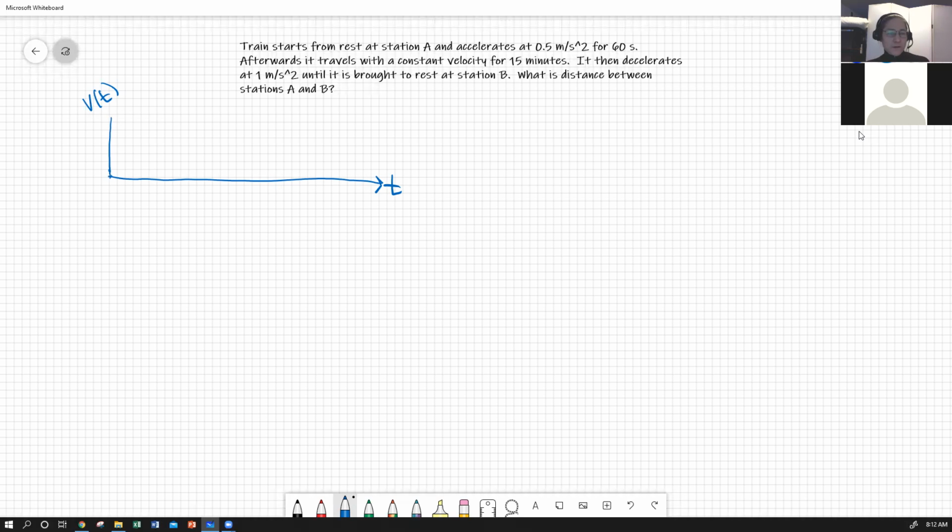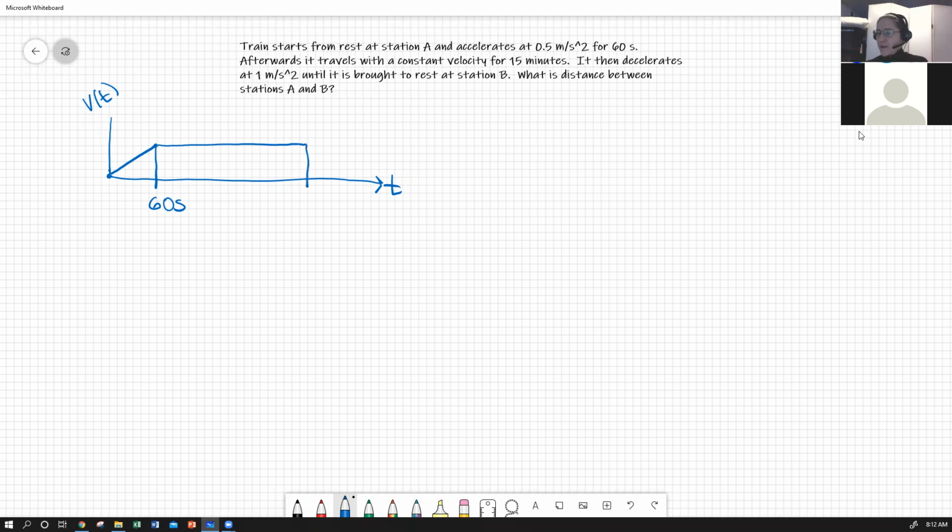So velocity is 0, the train is at the station, it's not moving, people get onto it. We accelerate at a half meter per second squared for 60 seconds. So some acceleration there, 60 seconds. And then the velocity is constant for 15 minutes.